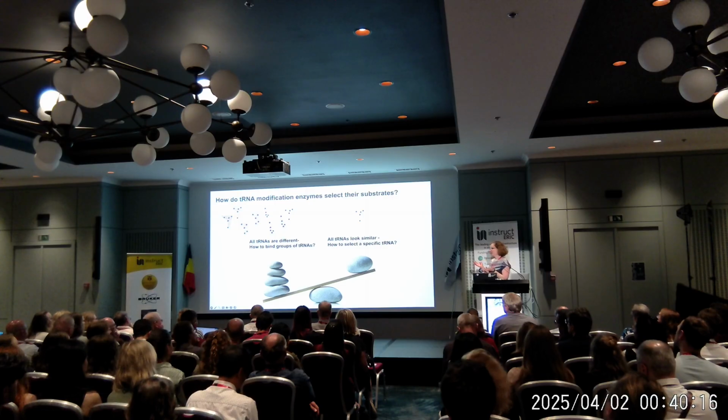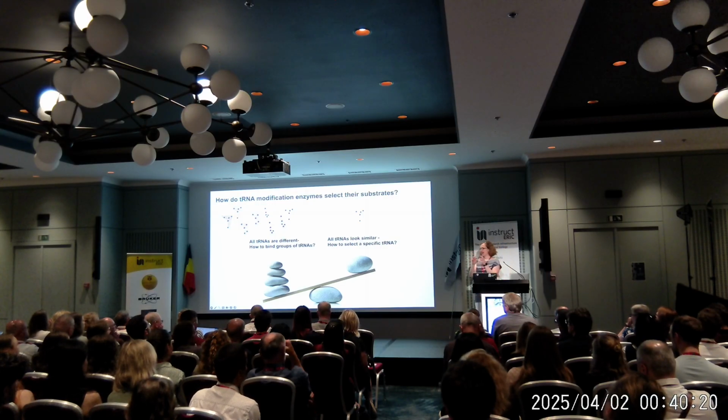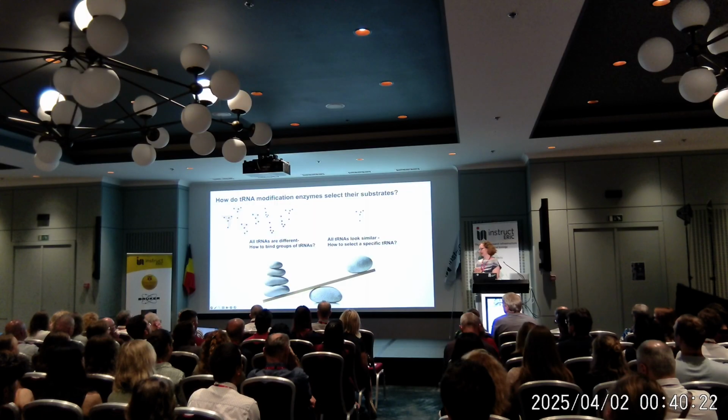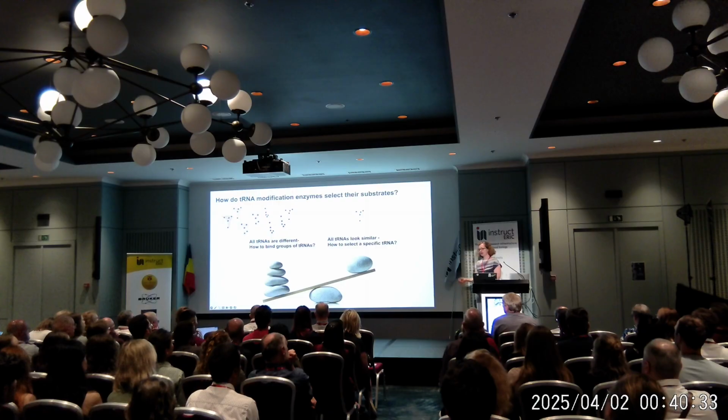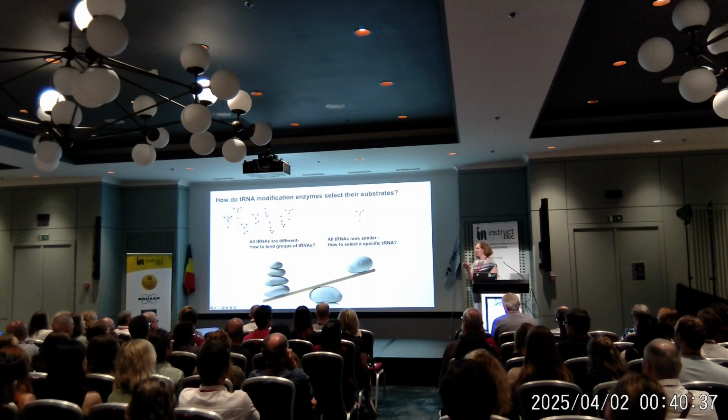So how do they bind this whole pool? Because there's slight sequence difference between the tRNAs. And there are other groups of enzymes that really want to target a specific tRNA, so they need to have very precise recognition mechanisms to spot the one that they want to modify. And I'm talking about the latter group today.